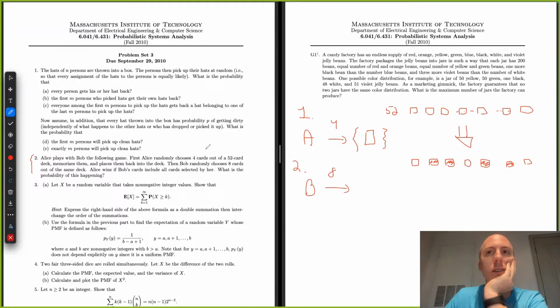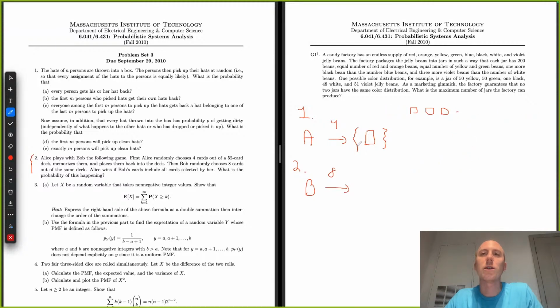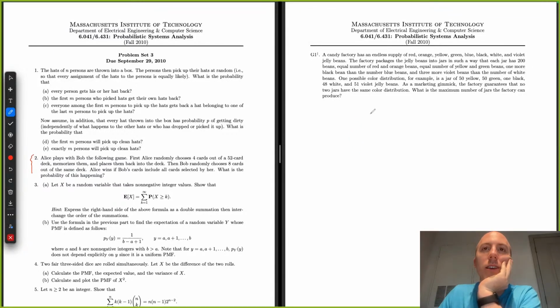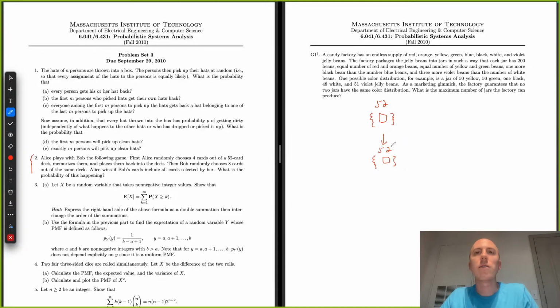Those 4. Okay. I don't know how explicit I'm going to do this, but I'm just going to keep going. So we start with the 52. Now we have 52 minus 4 in here.